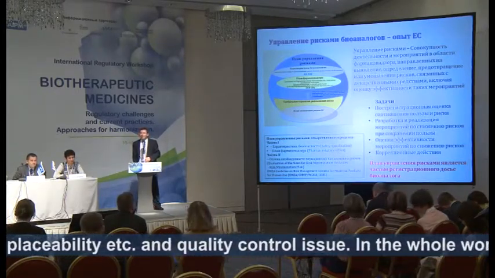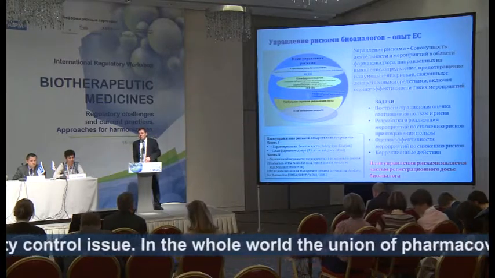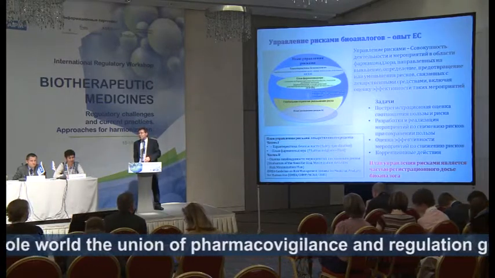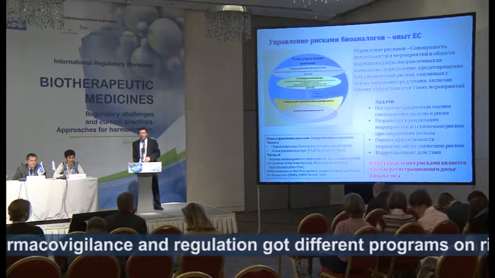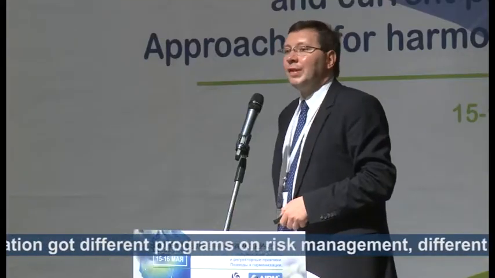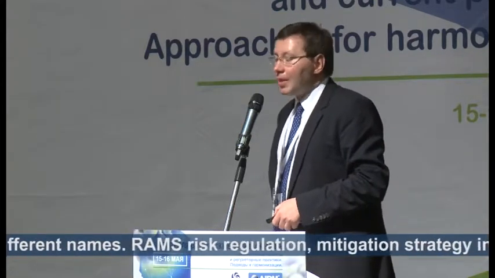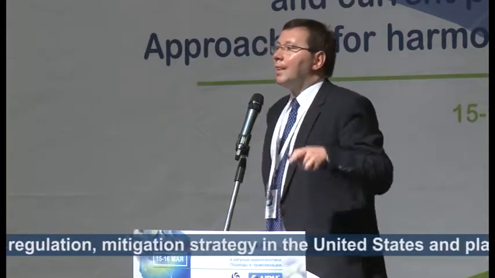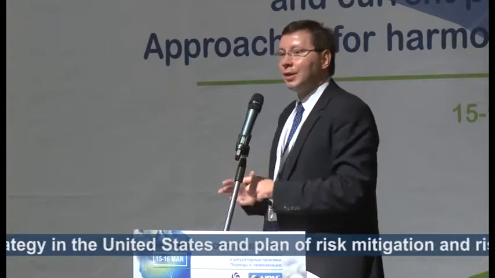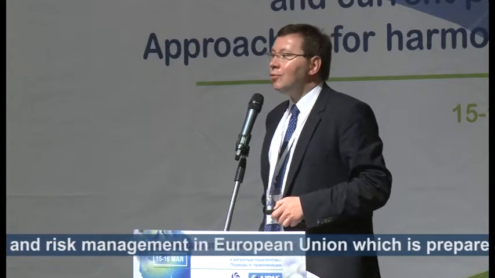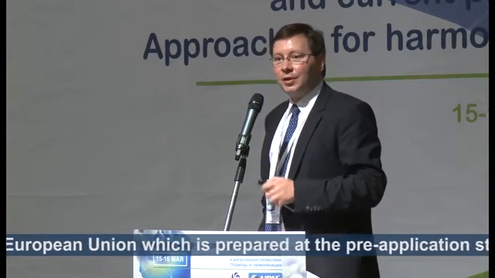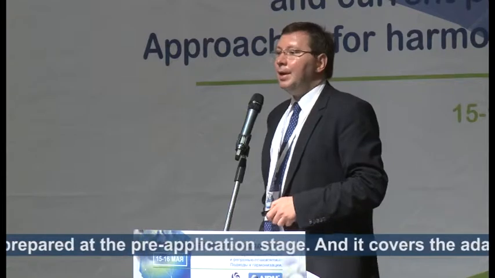In the whole world, the union of pharmacovigilance and regulation has different programs on risk management, with different names: REMS, risk evaluation and mitigation strategy in the United States, and the plan of risk mitigation and risk management in the European Union, which is prepared at the pre-application stage.